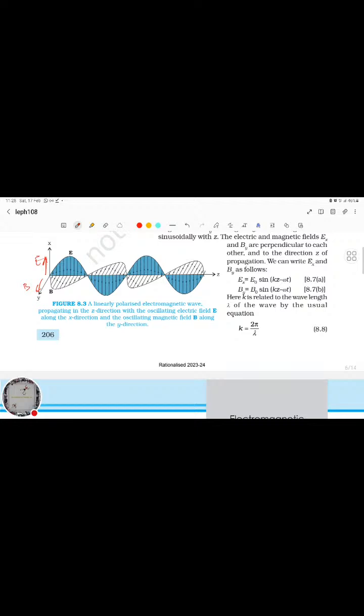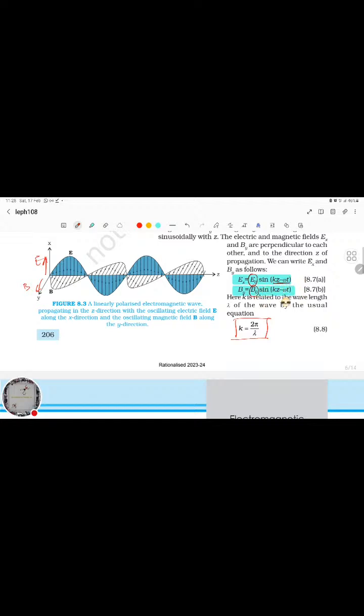Here k is related to the wavelength lambda of the wave by the usual equation, where k is 2 pi by lambda. So these are the general expressions for the electric field oscillating along the x-axis and the magnetic field oscillating along the y-axis. They have peak values E naught and B naught respectively.